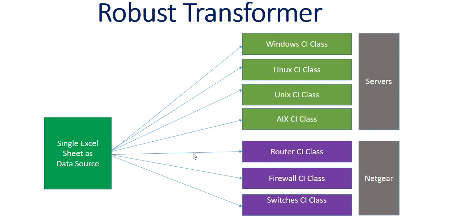So it would take so long because we would need to do the same process 7 times. By using the robust transformer, we will save at least 95% of the time by loading the same Excel sheet at once, and the result will be exactly the same.